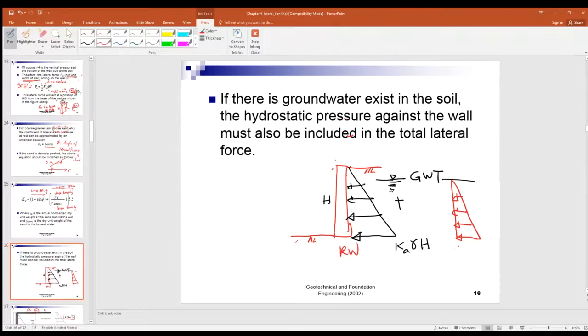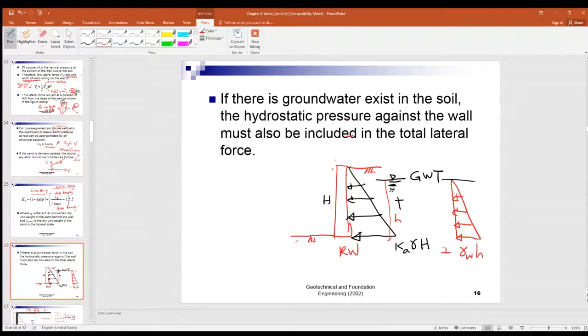Okay, if that is small h, it gives you gamma W, the unit weight of water, times h.